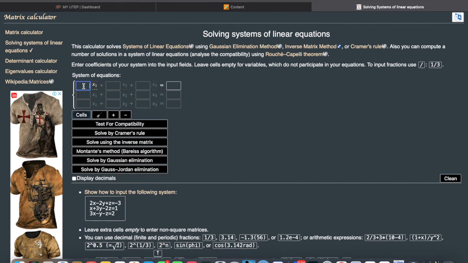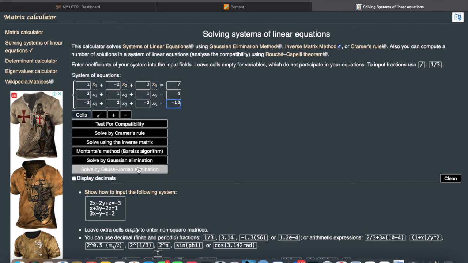The coefficients are 1, -2, 3, and 7. Then 2, 1, 1, 4. And -3, 2, -2, and -10.